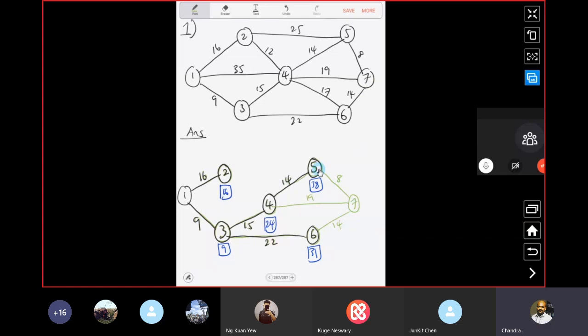If I want to go through 5, I need to add this, I'm getting 46. Go through 4, if I add this, I'm getting 43. Go through this, I'm getting 45. 46, 43, 45. 43 is the shortest, so we will choose 43. Erase this one, erase this one.